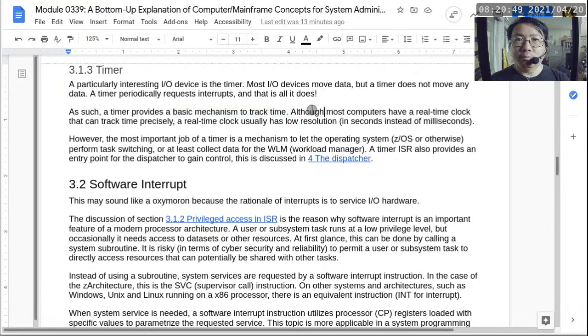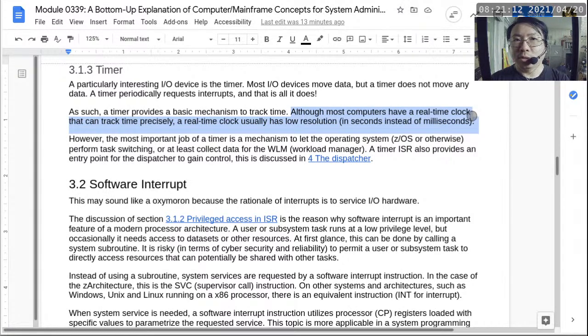But you might say, well, most computers have what we call a real-time clock that actually keeps track of the real time. The real-time clock has high precision, which means when it says it is noontime, it really is exactly noontime plus or minus a tiny little fraction of a second. But it doesn't have resolution.